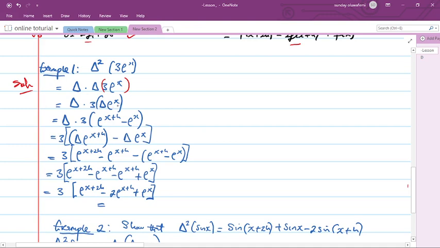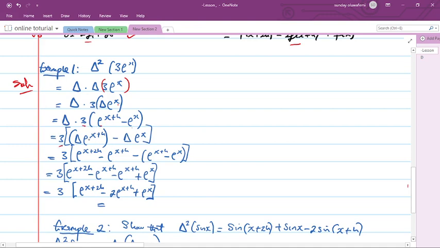So by the time we find the forward difference of exponential x, we have a step h added to x, that is, exponential x plus h minus exponential x. So then we use this forward difference operator to multiply everything in this bracket while we take the 3 outside.